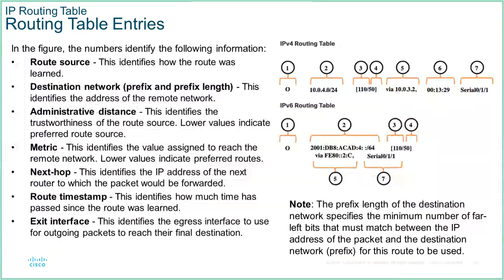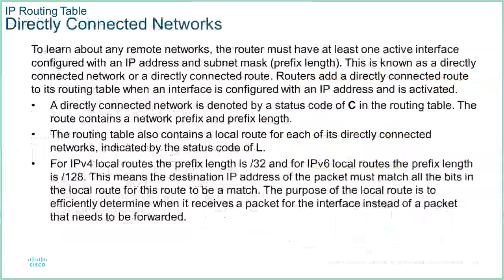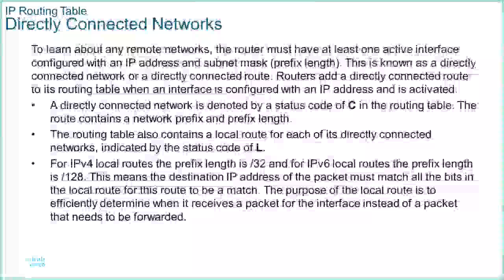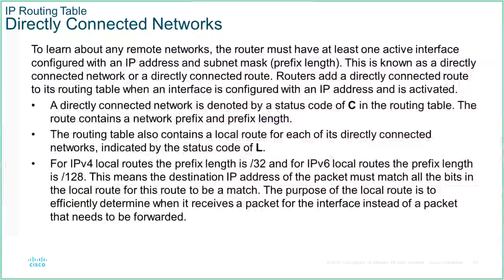The same information can be found in the IPv6 table. As I said, the L is a relatively new one. The local connection came about when IPv6 came about with its link local addresses. So for IPv4, our link local, our L network, is a /32 address.